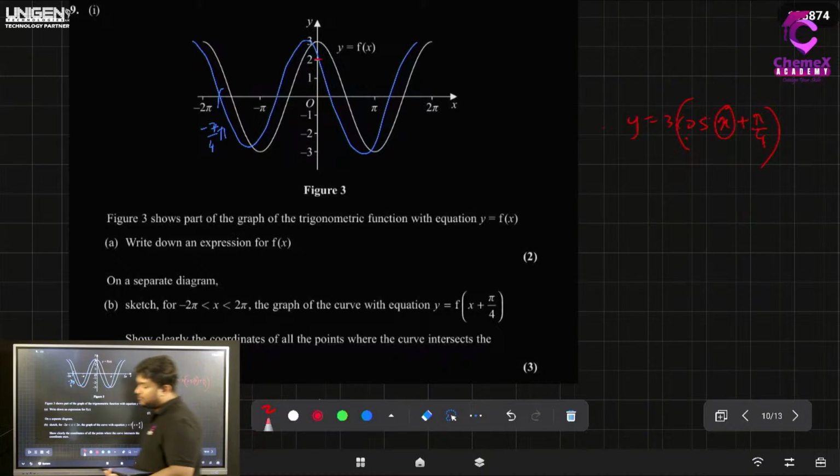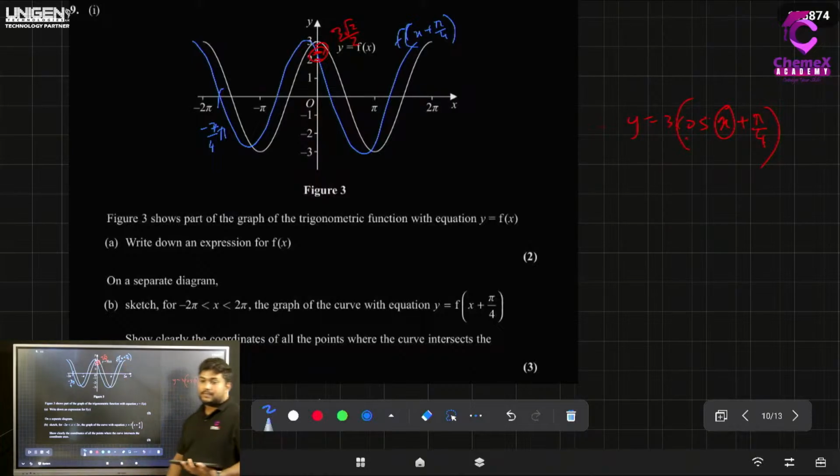So 3 cos pi over 4 is how much? It's going to be 3 root 2 over 2. You have to mark them. So this blue line is actually f of x plus pi over 4. Understood? Any questions?